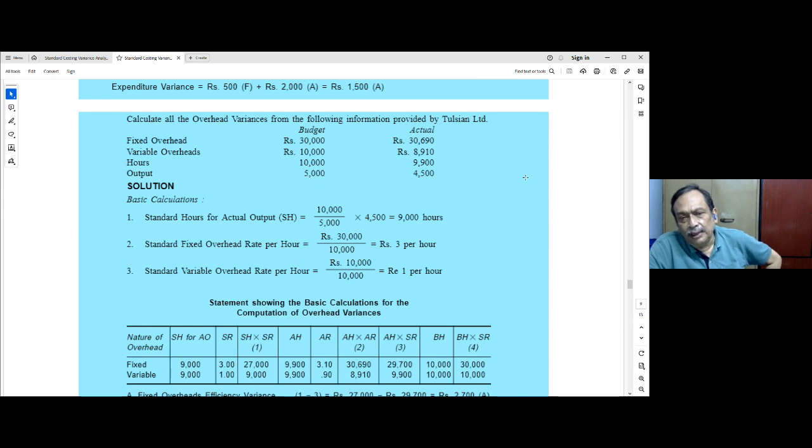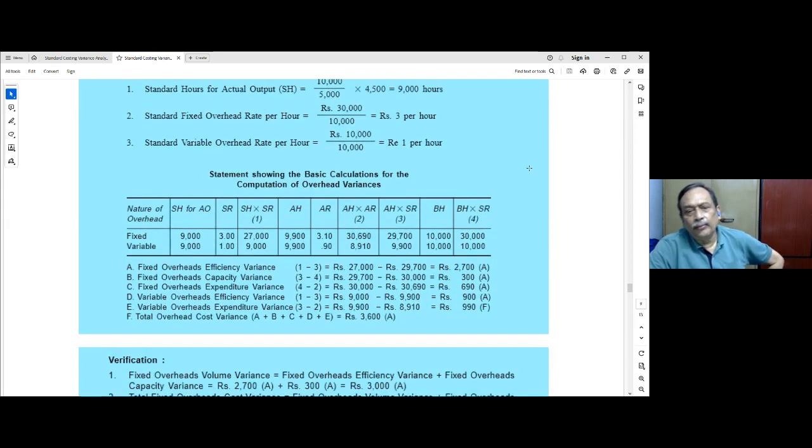Then the standard fixed overhead rate per hour is fixed overhead budgeted divided by 10,000 hours. Standard variable overhead rate per hour is 10,000 by 10,000 hours, that is rupees 1 per hour. Now we are going to fill up the table.